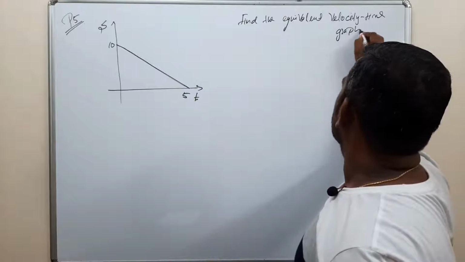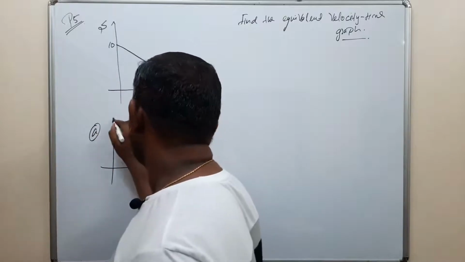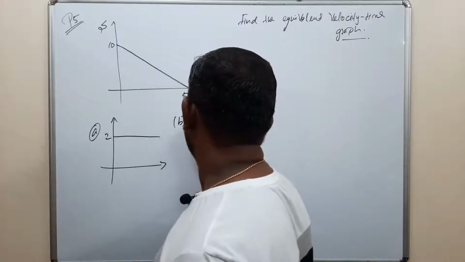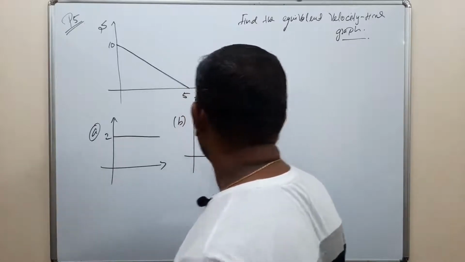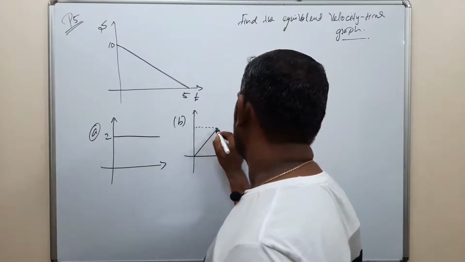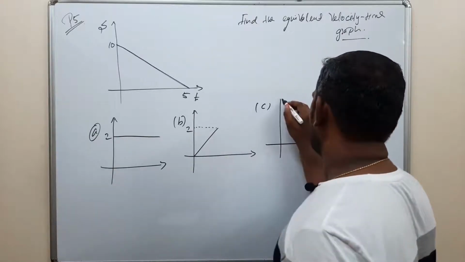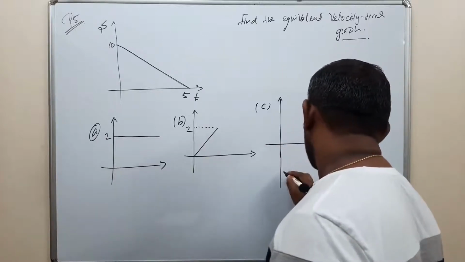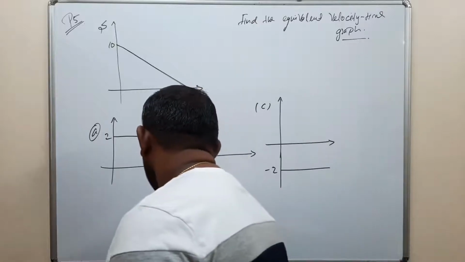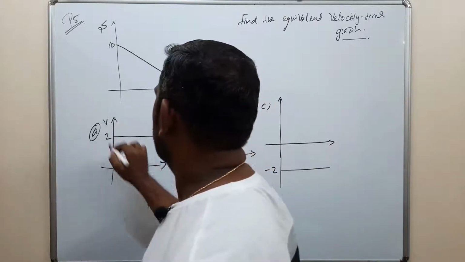Option A, 2, option B, 2, option C, -2, and option D, are velocity time graphs.